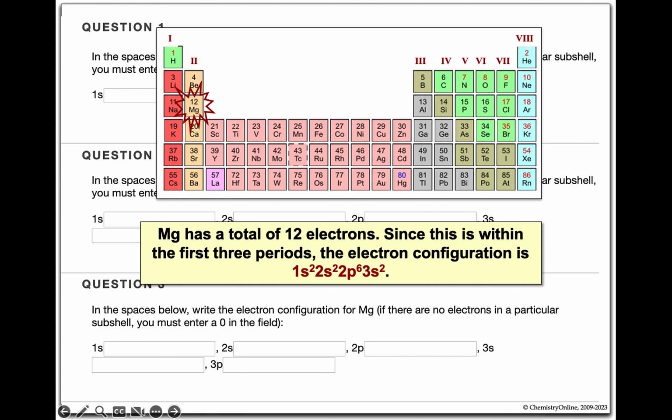So, on Blackboard, you would enter this as 2 in the 1s, 2 in the 2s, 6 in the 2p, that's different. The 3s will have 2. Now, here's a slot for 3p. Blackboard will not let you have an open field. So if you have an open unused field, you must enter a 0. Got it?